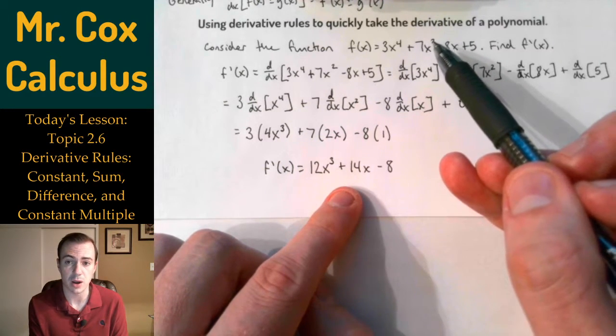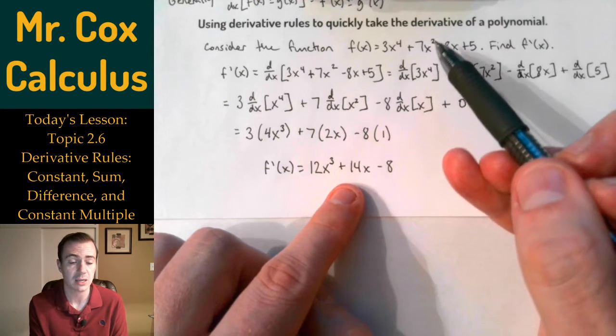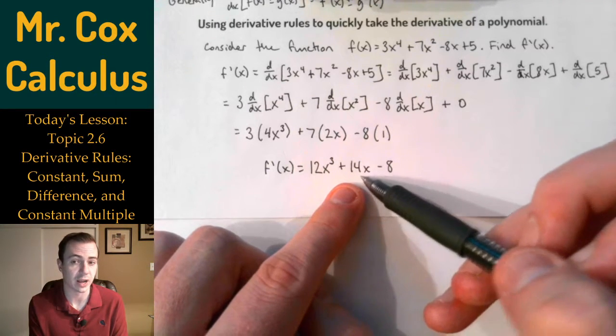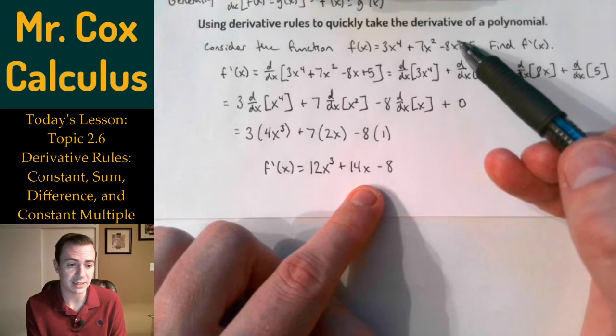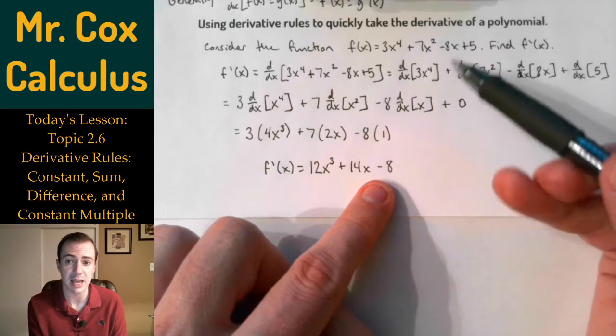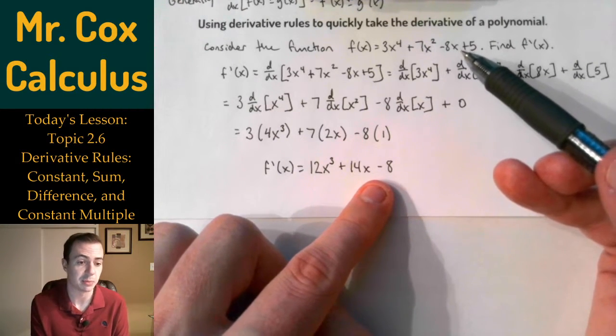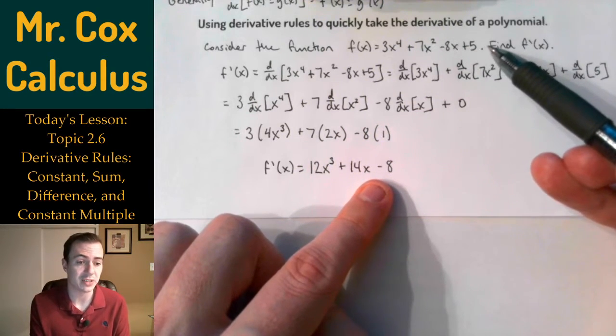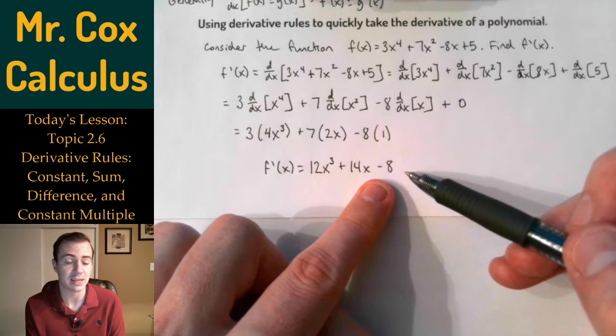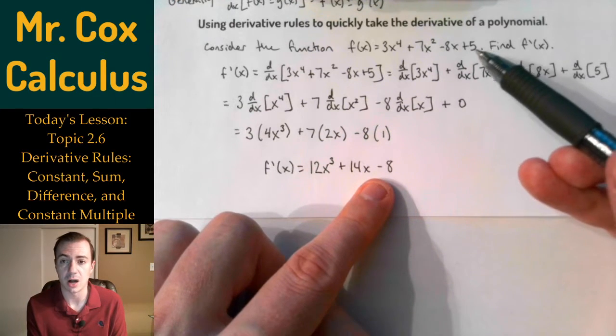For 7x squared, 2 times 7 is 14, and then I reduce the power by 1, so I get 14x. The derivative of a linear piece, this minus 8x, comes out to be minus 8 because the derivative of x is simply 1, and then the derivative of the constant is always going to be 0. It's not going to make it into the derivative if it's a constant value.